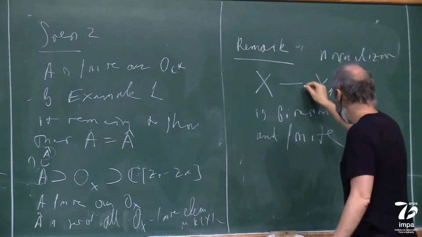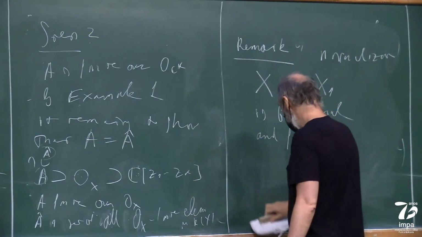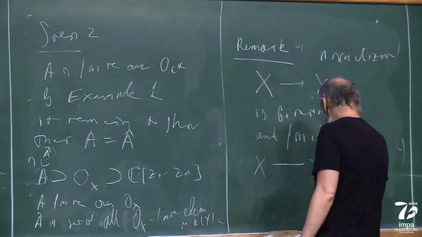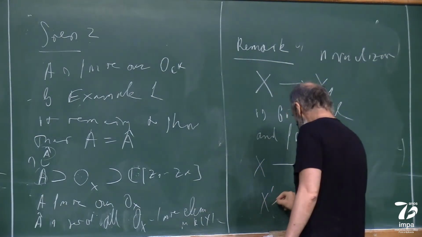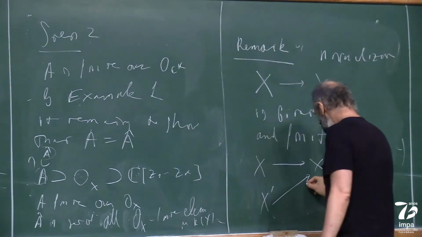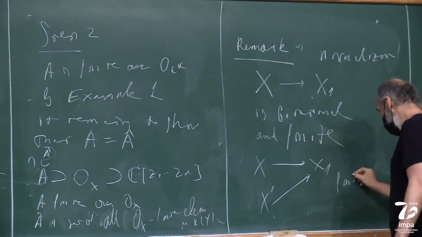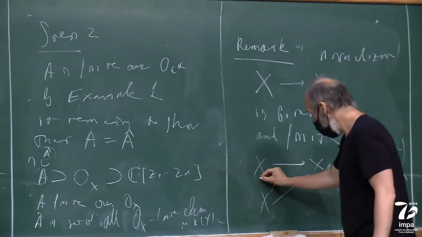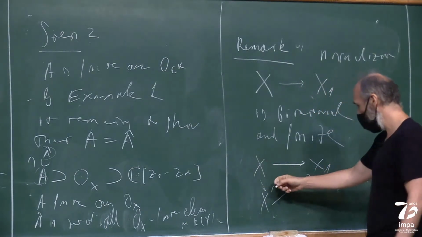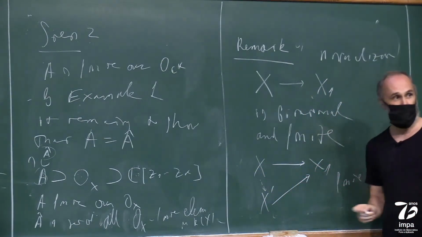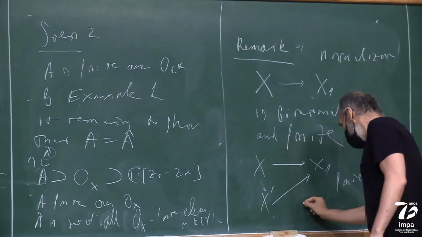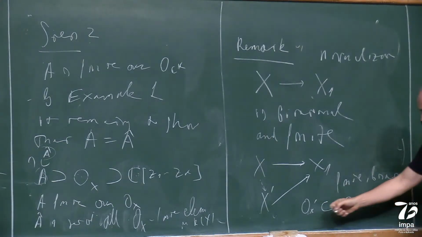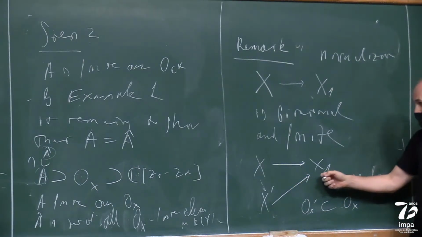Moreover, if you have some other ring, X to X1 and X prime to X1, and they're both finite and birational, this would factorize. So you would have a map from X to X prime. This is because O_X prime is contained in O_X. Indeed, this map is finite.